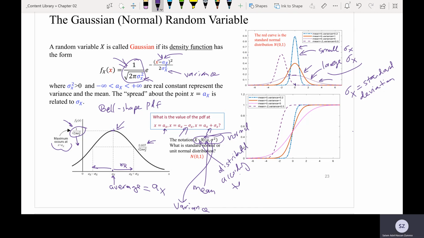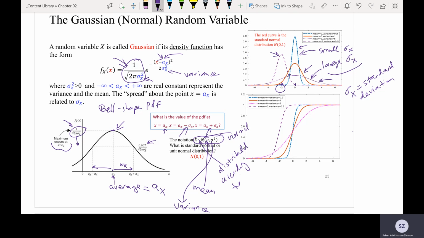Now, if we change the average, here is a Gaussian distribution with an average equal to -2. So you can see that when the average is different, the location of this bell shape will change. Instead of around 0 in these examples, it will be around -2. In general, it will be around the mean. So the value of the mean will decide where this is located on the x-axis. Is it around 1? Is it around 2?